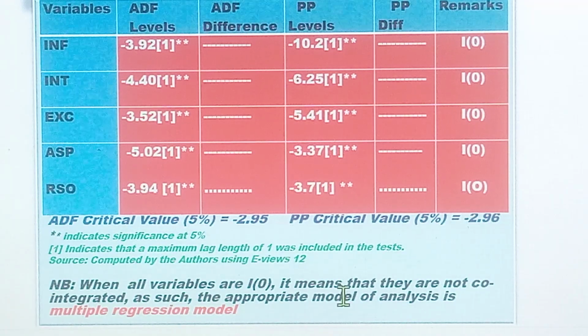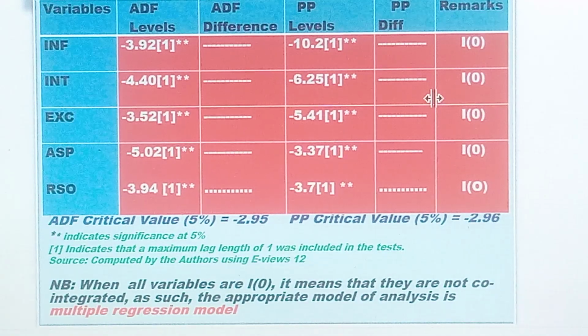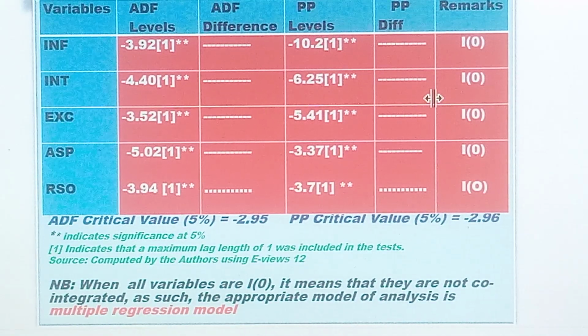As such, the appropriate model of analysis is multiple regression model. Remember, if they are all I(1) and not co-integrated, the appropriate model is vector autoregressive model.